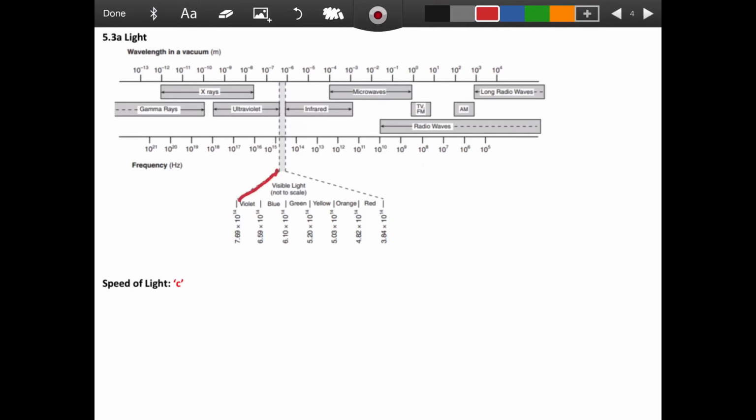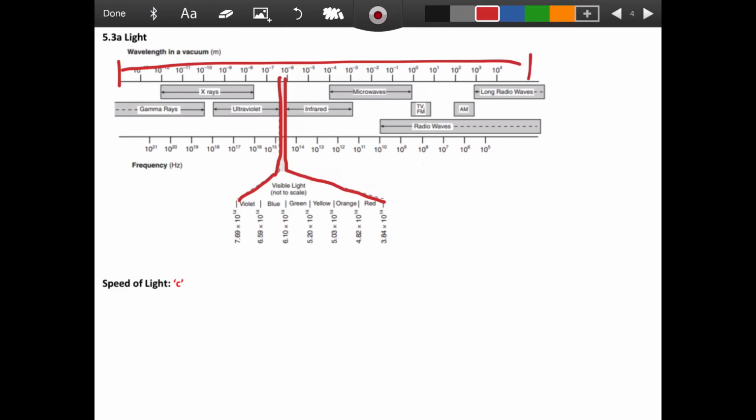So this right here is all that our eye can detect. But these are all examples of different light waves. They all have different wavelengths and therefore different frequencies. Some are way too large and some are way too small to measure with rulers and typical classroom materials.